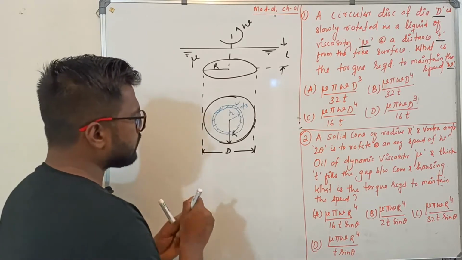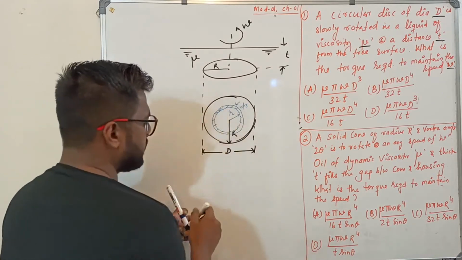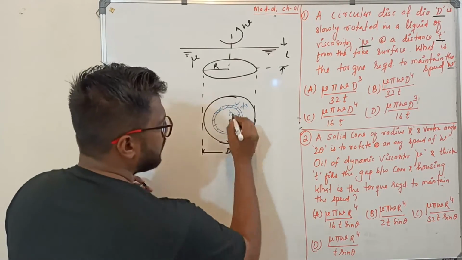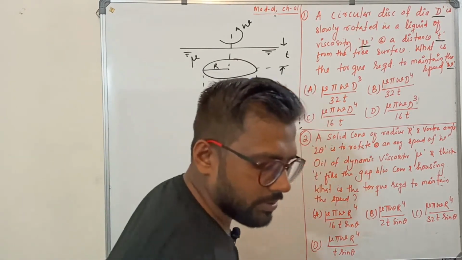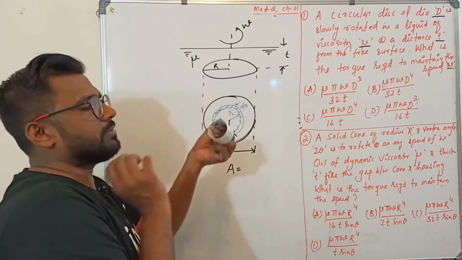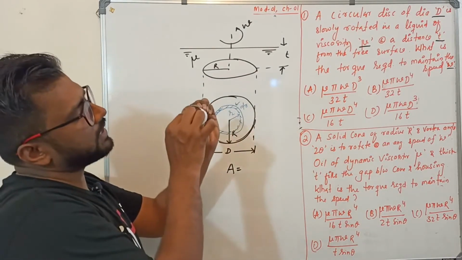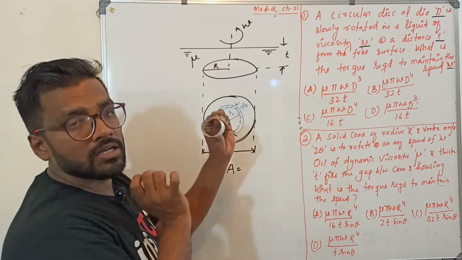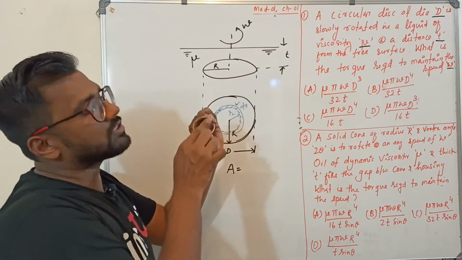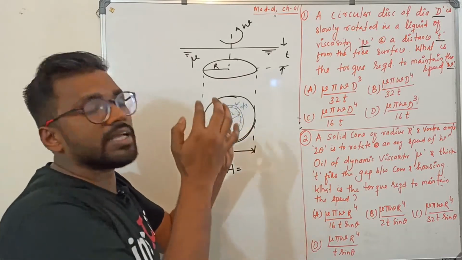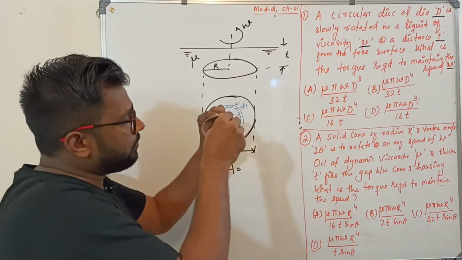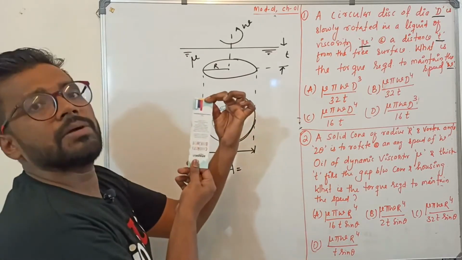So what will be the area of the strip? This is your strip, and from the center to this distance is r. So the circumference is 2 pi r, and the thickness is dr. If I open this strip, it becomes a rectangle.